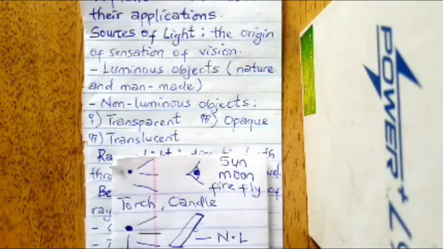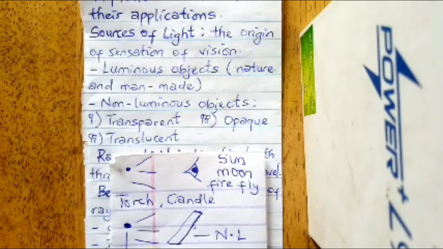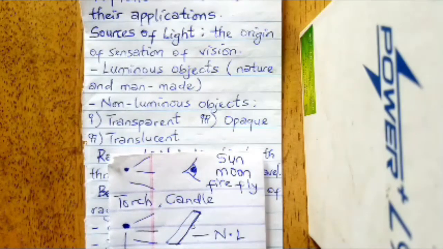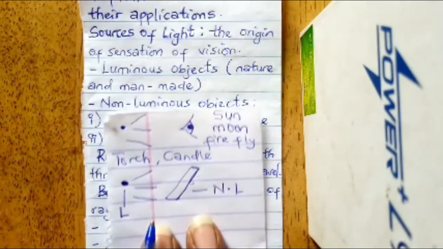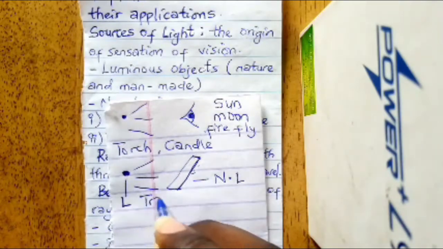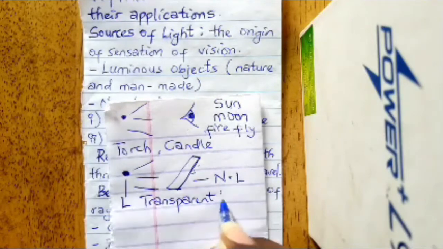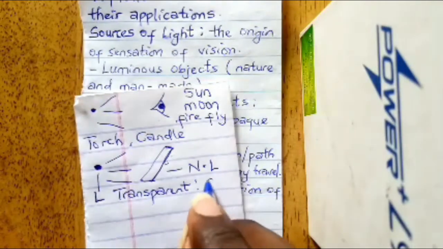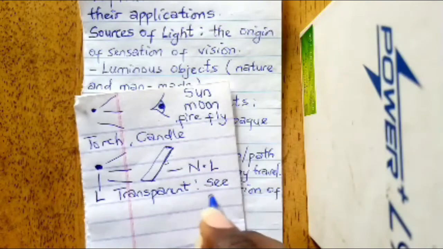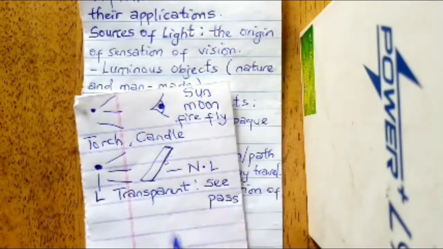Now, a transparent non-luminous object is an object in which one can see through it and light can also pass through it. So you can see through it and light can pass through it.